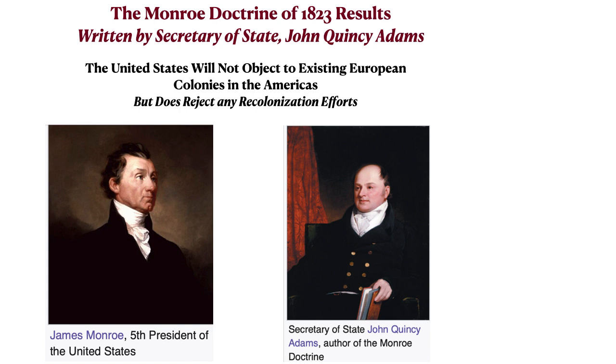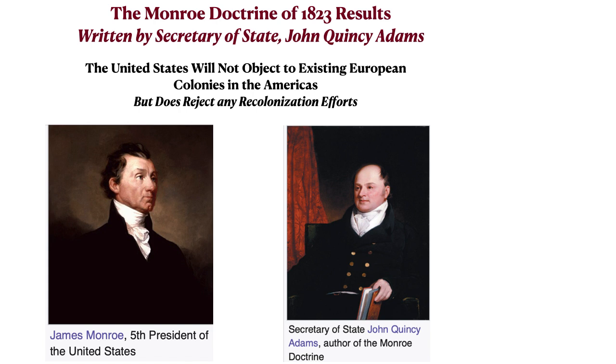And the basic idea of the Monroe Doctrine was that the United States would not object to any existing European colonies in the Americas, because Spain and Portugal were not the only countries. Britain, France, Dutch Republic, all had colonies in the Caribbean and even on the mainland of northern South America were being formed at this time.